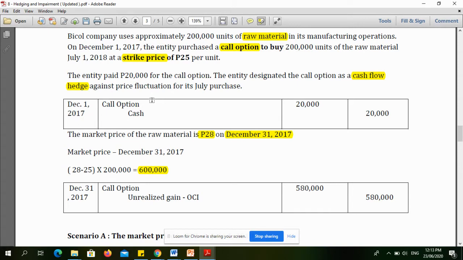So, yung 600,000 na to, we will minus the cost of the option, which is 20,000 pesos. So, kaya, ang nakikita nyo dito, 580,000 pesos lang yung gain. Kasi, 600,000 minus 20,000, so yung gain na lang on December 31, 2017 is 580,000 pesos.